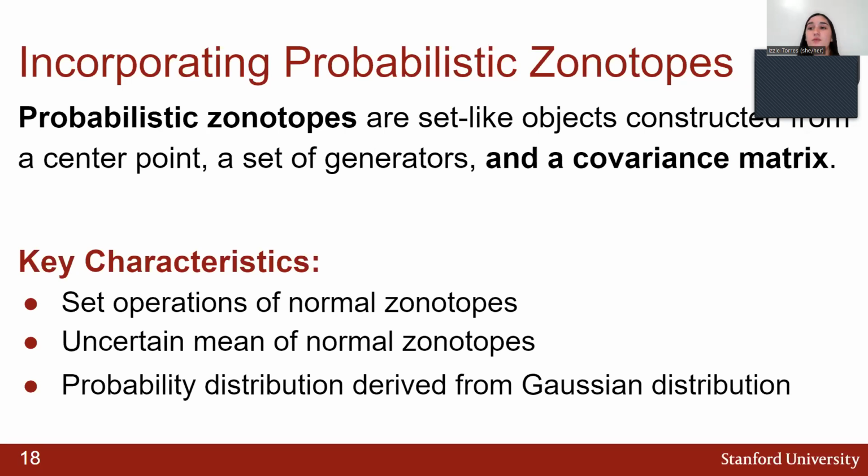And it becomes more of a probability distribution. It is a slightly more complicated set of objects. Now, the key characteristics: you have the same set operations as normal zonotopes. You have the ability to represent an uncertain mean that you have with normal zonotopes. And you can also have a probability distribution derived from the Gaussian distribution.